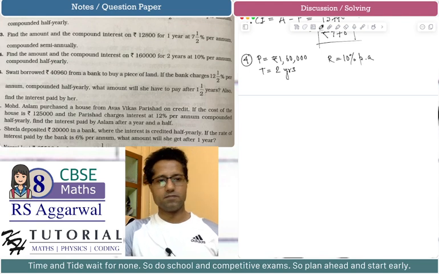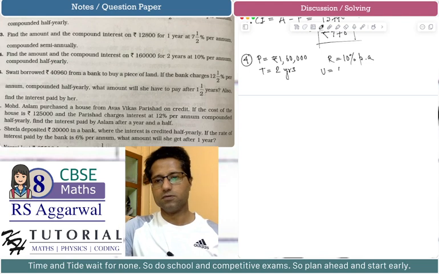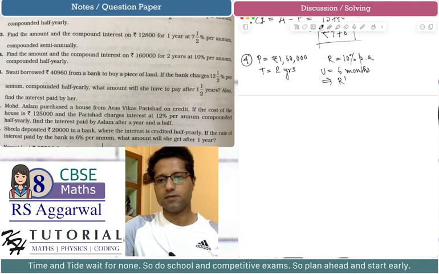Interest is being compounded half yearly, so U is equal to 6 months. So R dash is equal to R by 2, which is 10 by 2, which is equal to 5%, not per annum, but per 6 months.